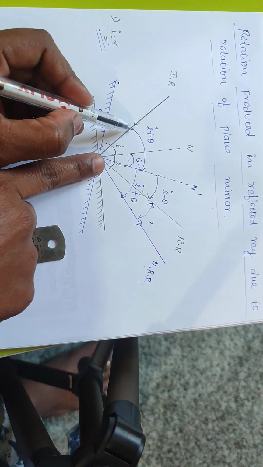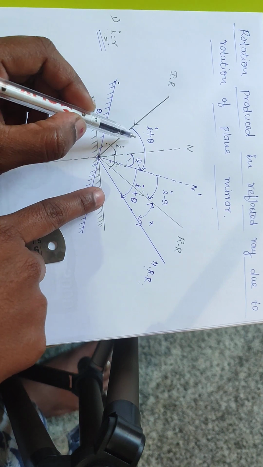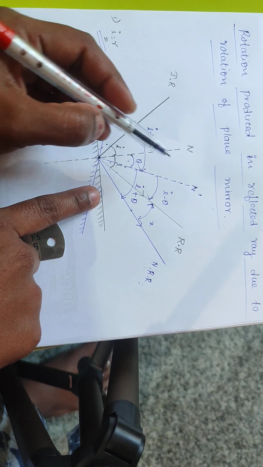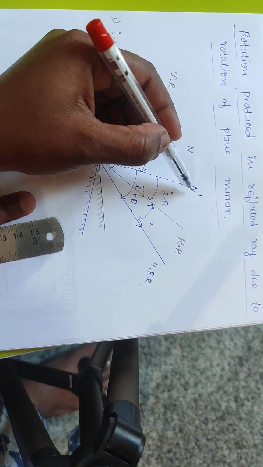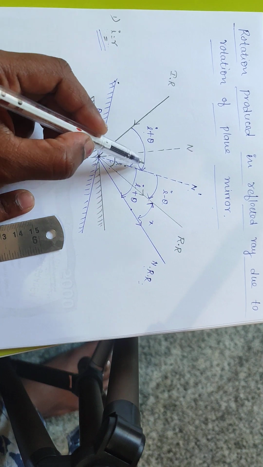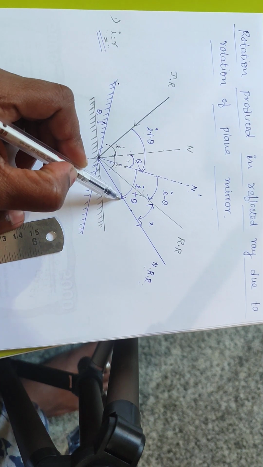Why? Because angle of incidence is equal to angle of reflection. I am applying this for the new normal, which means for this mirror, this is the normal n dash. For this mirror, angle of incidence is equal to angle of reflection.